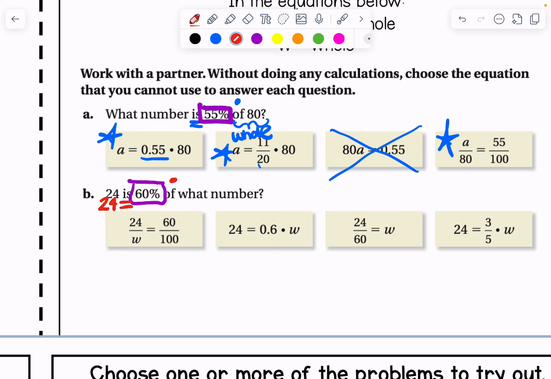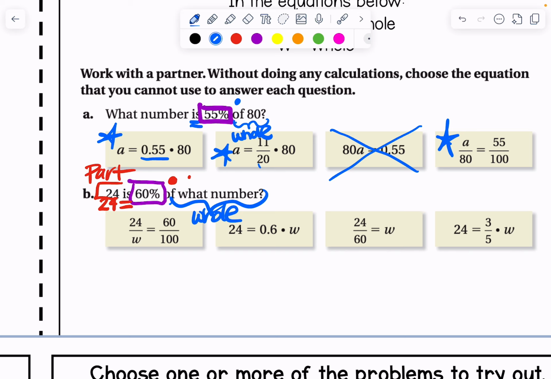Remember that "of" is usually going to indicate that we're multiplying times something. So we need to take 60% times something, we don't know what, and that is going to equal 24. And so on this one, the 24 is going to be my part, and the "of what number" is my whole, which I don't have yet.